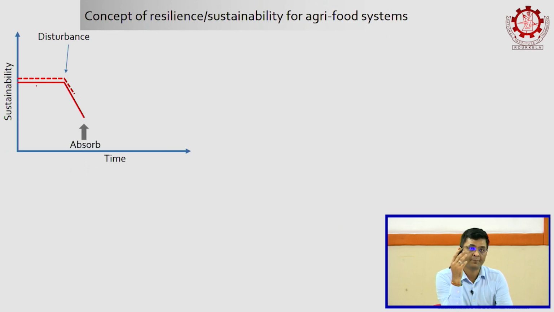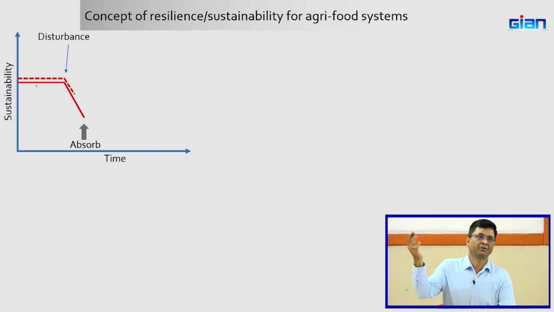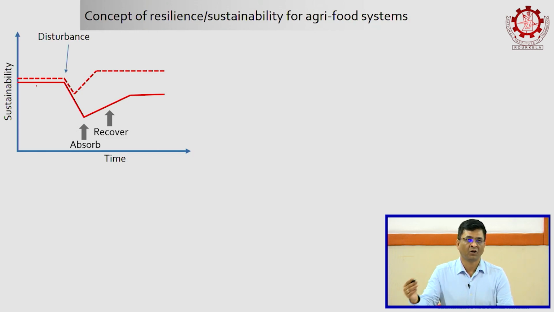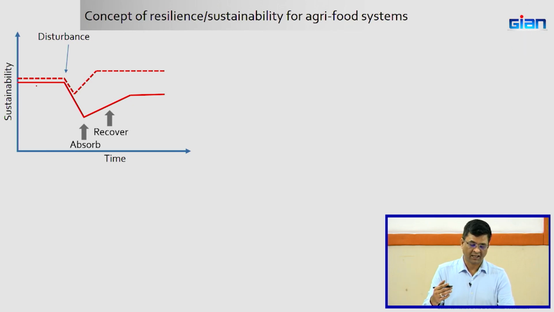Then we absorb that change. Suppose COVID happened and our system was disturbed. Then we adapted to that change and tried to recover from it. That means instead of traveling, we started having online meetings, and online and distance learning started. So we try to recover and adapt to a new change.